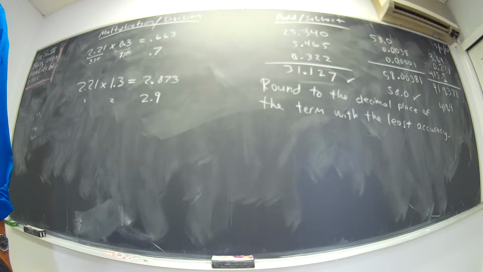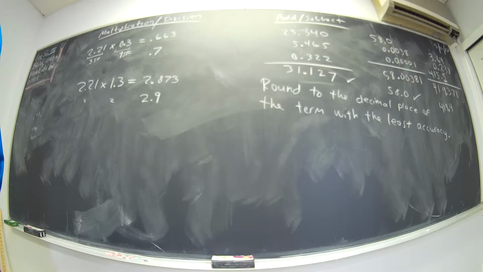So for multiplication and division, the result should be rounded off to contain only as many sig figs as are contained in the least exact factor.